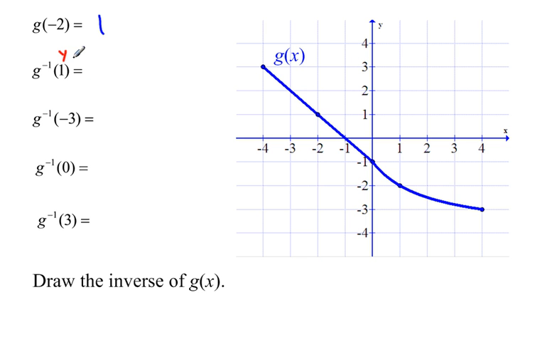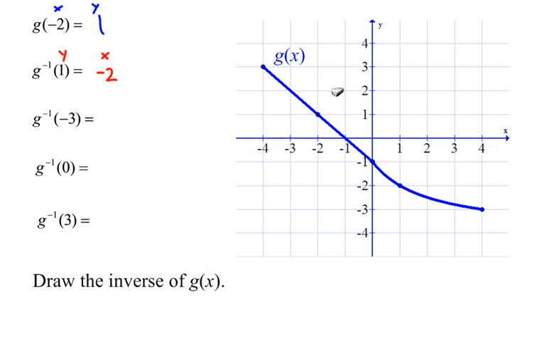So here we have g inverse of 1, and we ask, where is our y value 1? I go across here, I get to that point, and I get -2. There's my x. You'll notice it's just the opposite of the one we did before. When we plug in an x of -2, we get a y of 1. So if we plug in a y of 1, we get an x of -2.